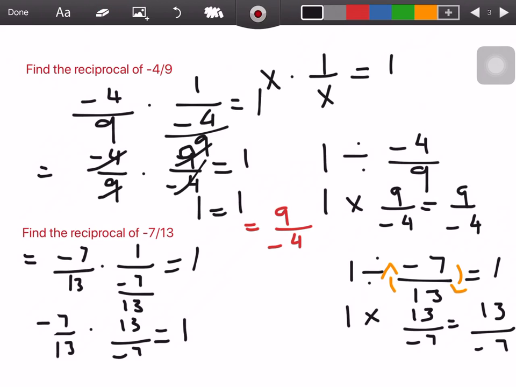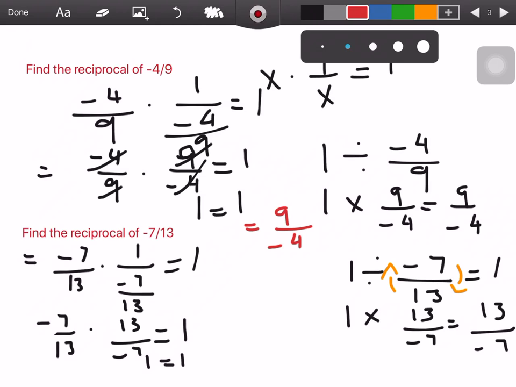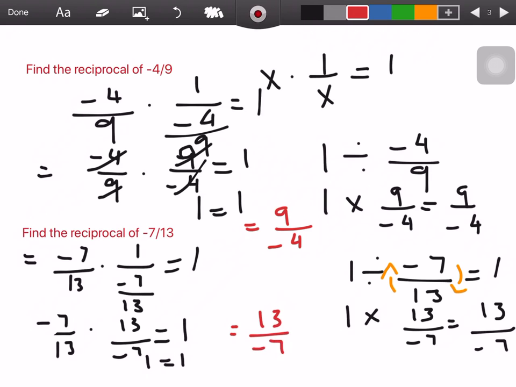I'll just do that better: negative 7 over 13 times 13 over negative 7 gives you 1. Therefore, 1 is equal to 1, and we can conclude that the reciprocal of negative 7 over 13 is equal to 13 over negative 7.